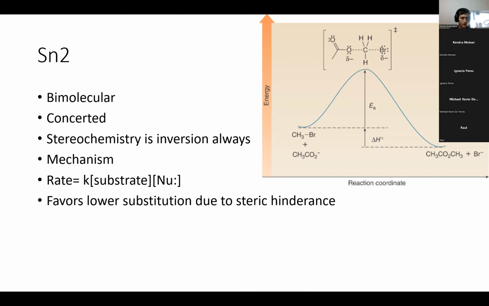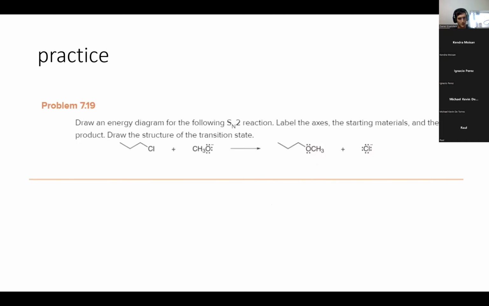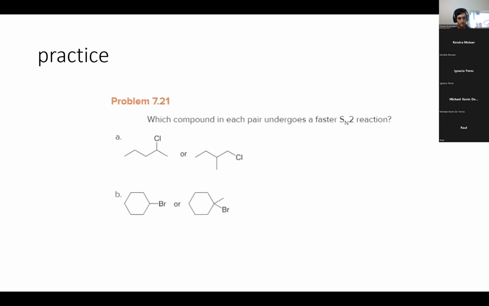So you cannot run an SN2 on a tertiary substrate. Know that. Awesome. Skip that.